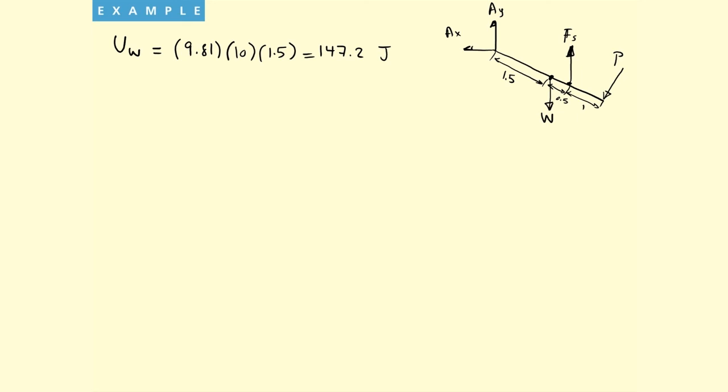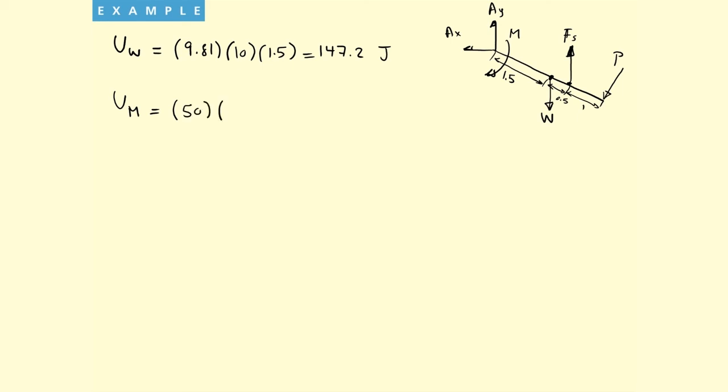Now we can do the couple moment that is applied. We forgot to add that one. So we had the moment that is applied also here. I forgot to add it. So we have the work done by the couple moment. Remember, this is a constant moment, so you only have to do M multiplied by theta 2 minus theta 1. So it's going to be M, the moment, which is 50 Newton meters, multiplied by theta.